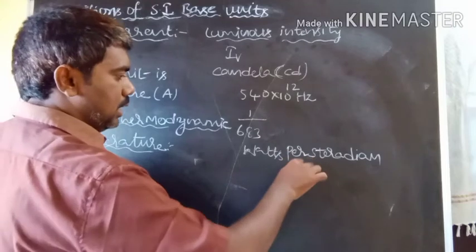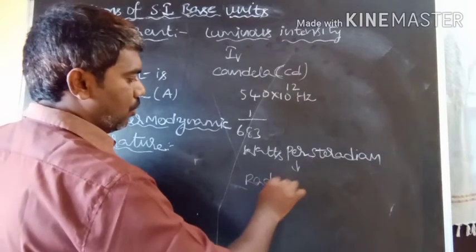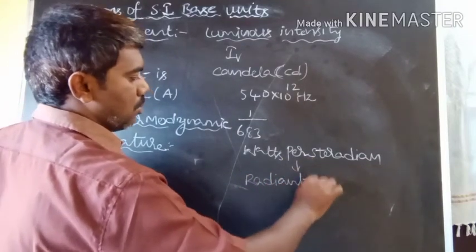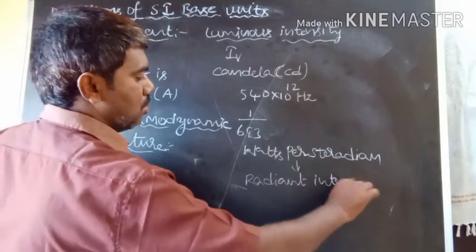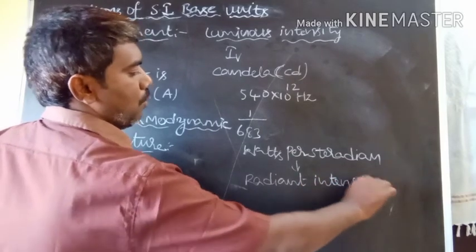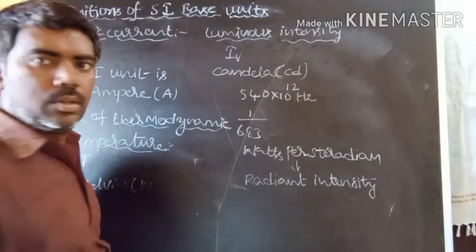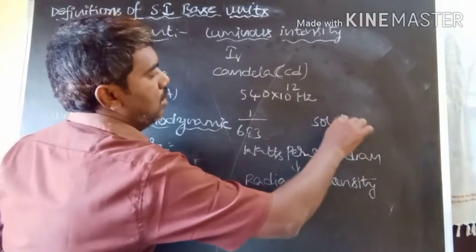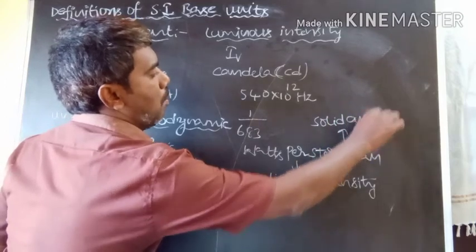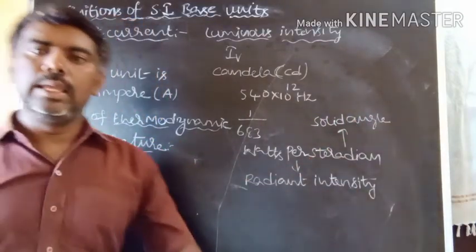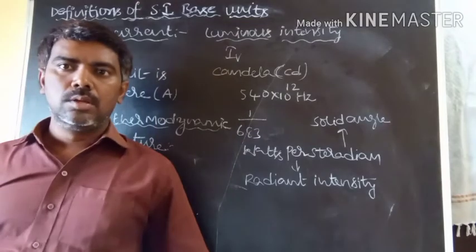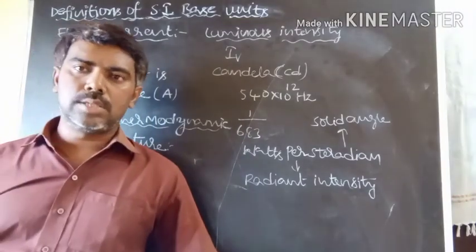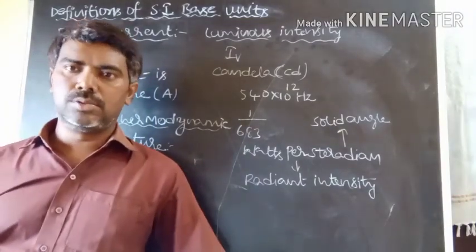Watts per steradian is the unit of radiant intensity and the steradian is the unit of solid angle. Okay, so these are the remaining three definitions, SI units and their respective symbols.